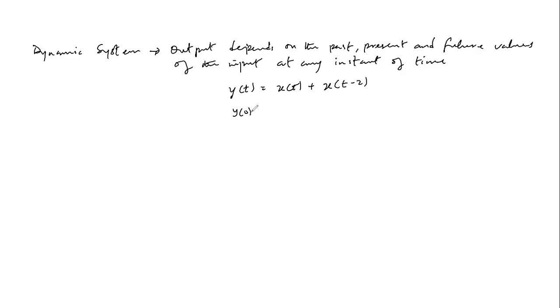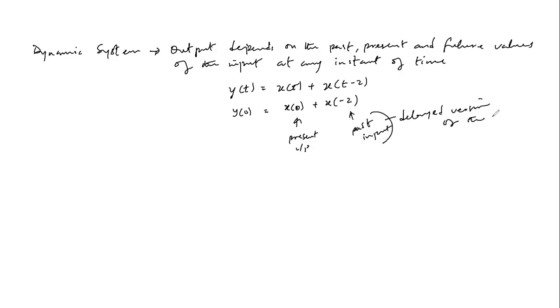So at t equal to 0, we have s of 0 plus s of minus 2. Here you see, this is the present input, and this is the past input. In other words, this is a delayed version of the transmitted signal.